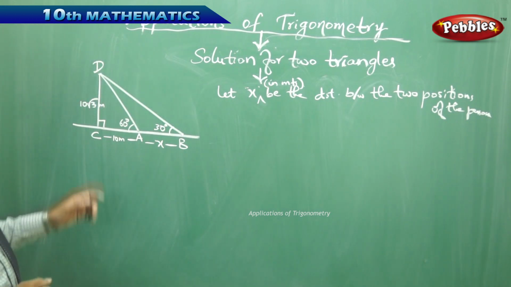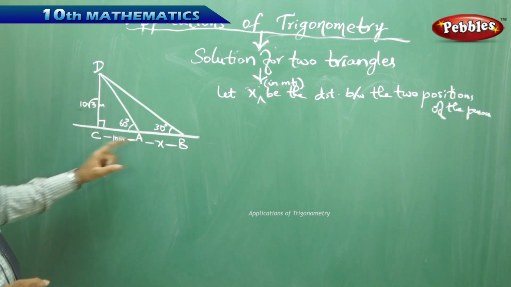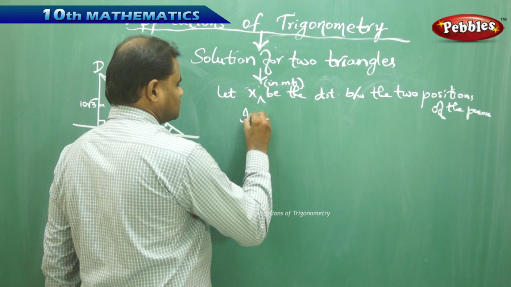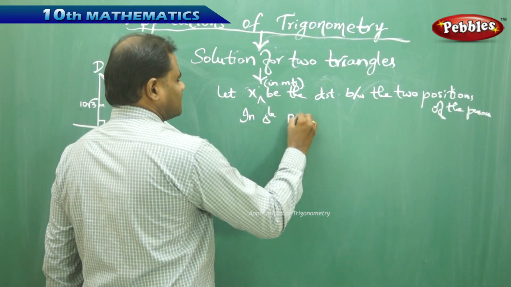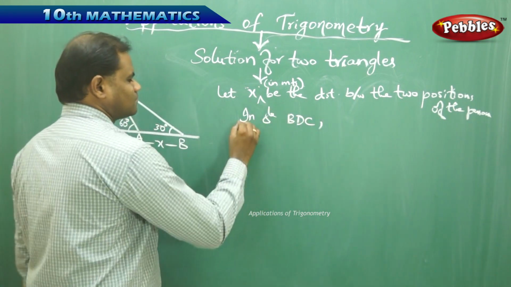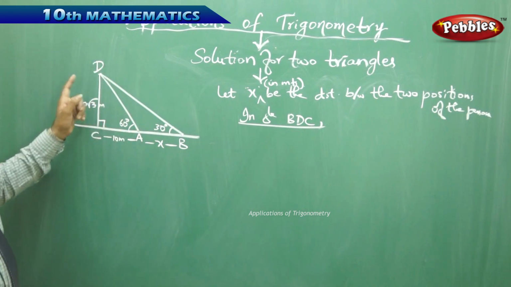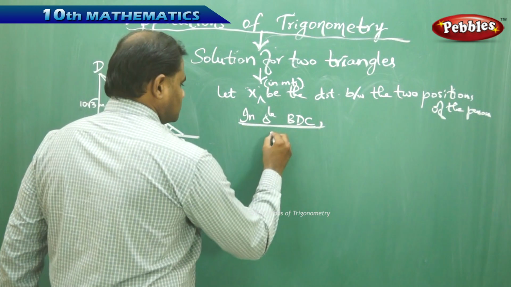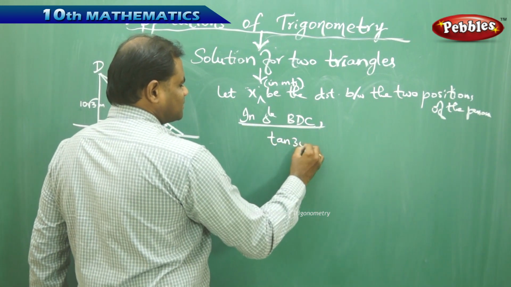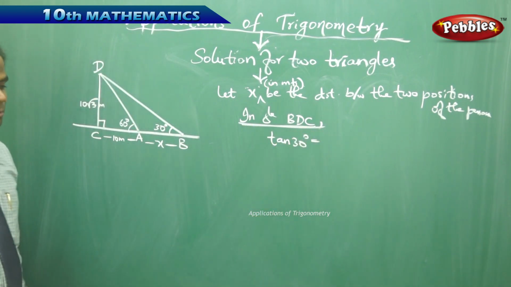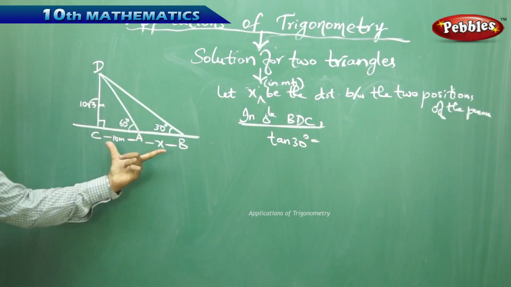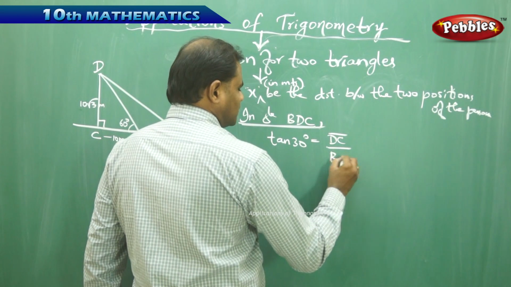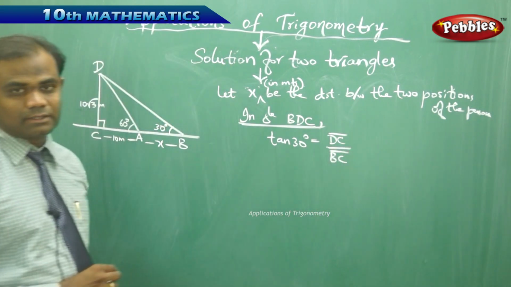Initially I take the right angle triangle BDC. In triangle BDC, if I take tan 30 degrees, then that is clearly opposite by adjacent, that is DC by BC. Opposite side by adjacent side is what we get.